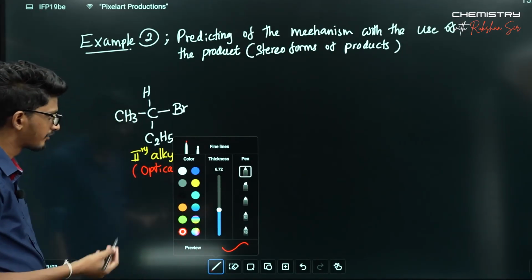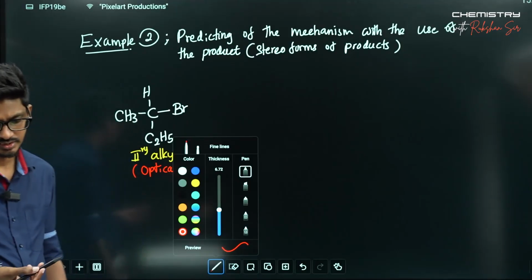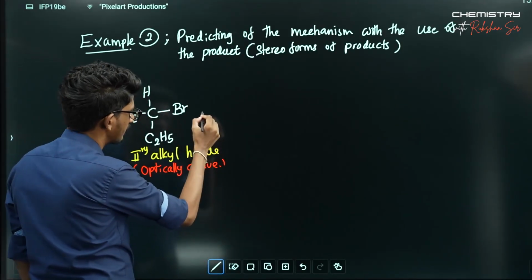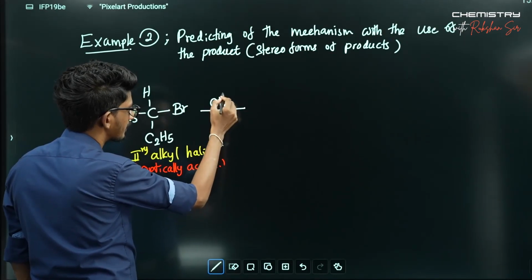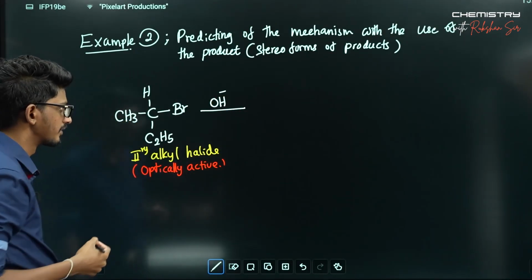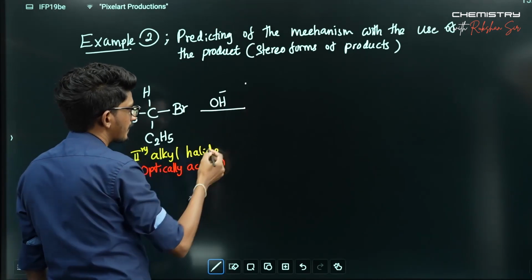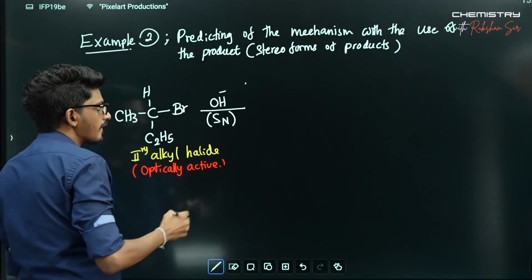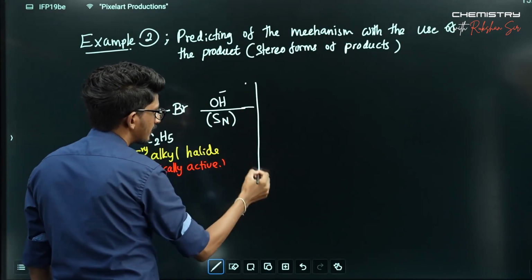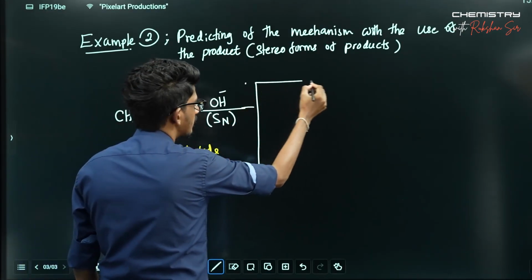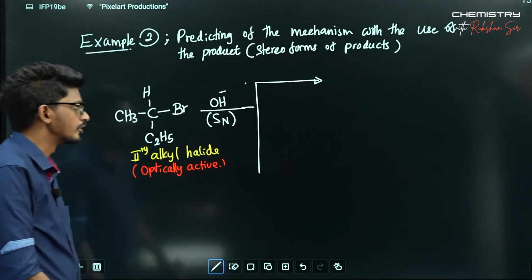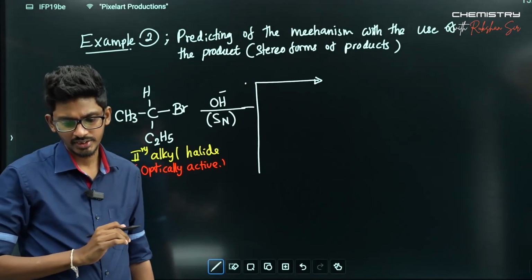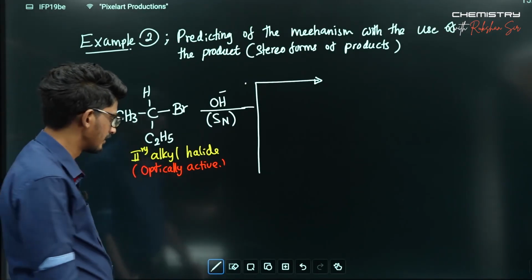Okay, let's say after doing a nucleophilic substitution reaction like this, you are adding some OH minus for nucleophilic substitution. After doing this reaction, let's assume only one form is produced, like this.